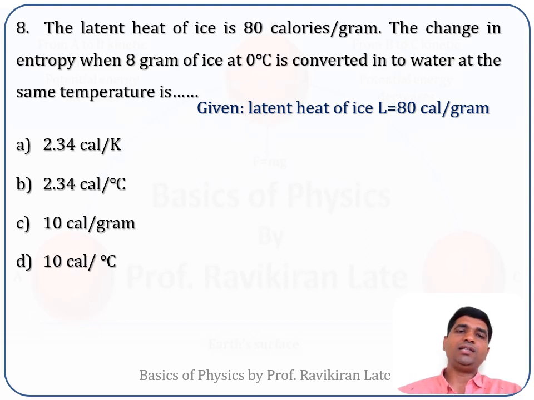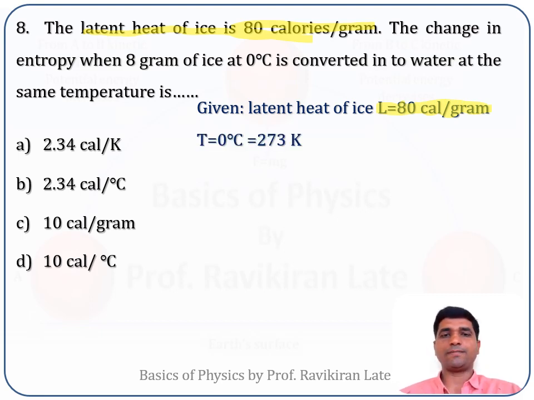Now see, in this case the latent heat of ice is given, that is the value of L, it is 80 calories per gram, meaning 80 calories of heat is required for 1 gram of ice, and this process is happening at a temperature T is equal to 0 degrees Celsius.